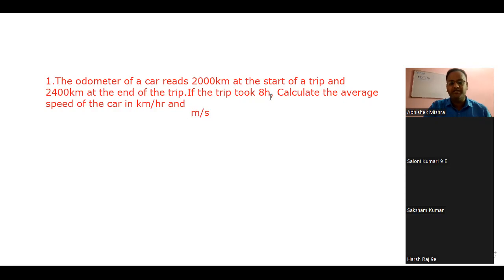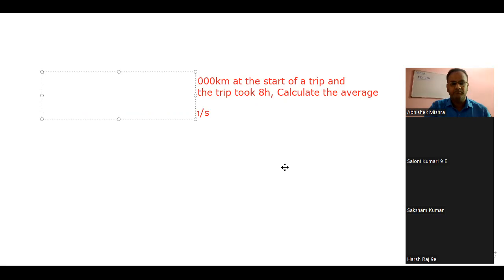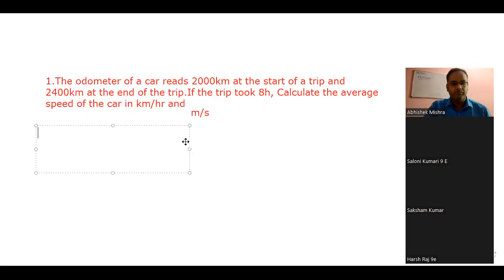If the trip took 8 hours, calculate the average speed of the car in kilometer per hour and meter per second. Is the question clear to all? Okay, fine.